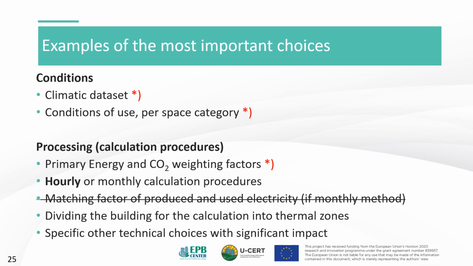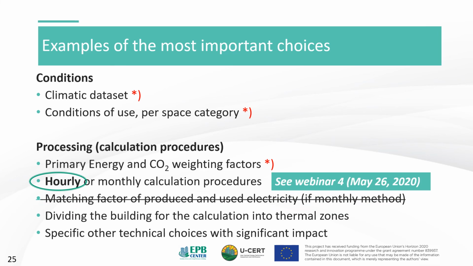Dividing the building for the calculation into thermal zones, and specific other technical issues. And as you have seen from the strike through of the matching factor for the monthly method, we propose to adopt an hourly calculation method. So to choose the hourly calculation procedures, and more information and explanation can be found in one of the webinars at the EPB Center.